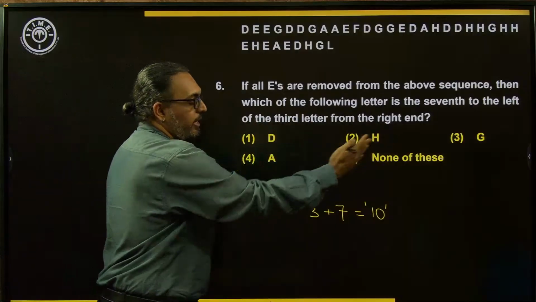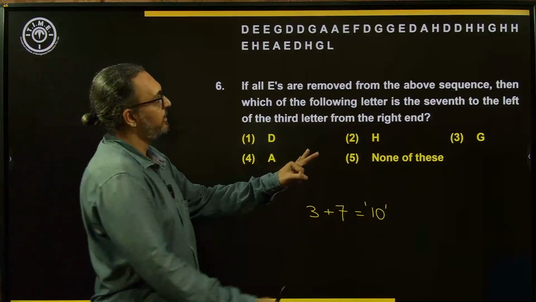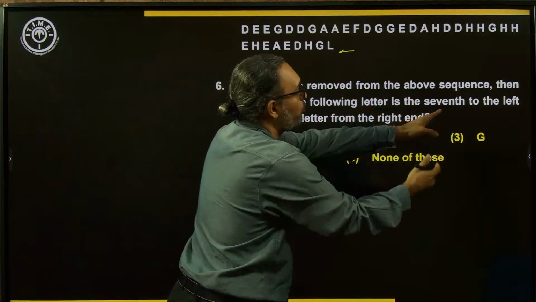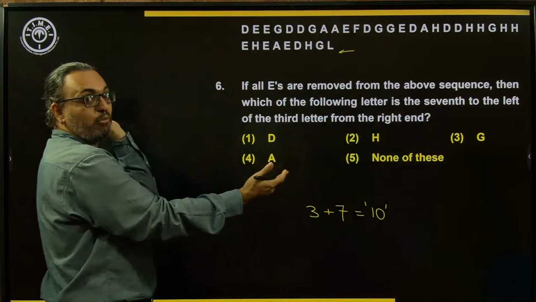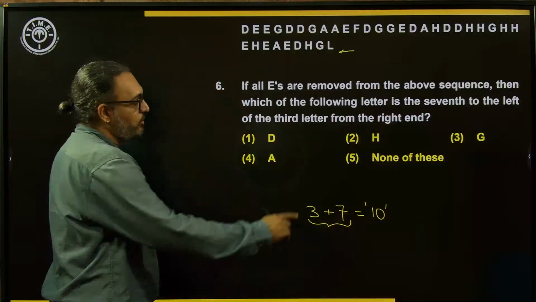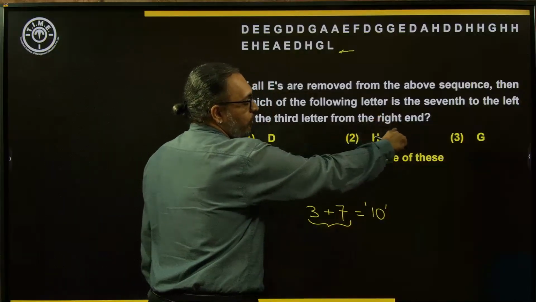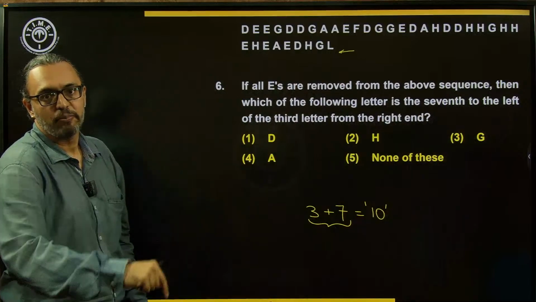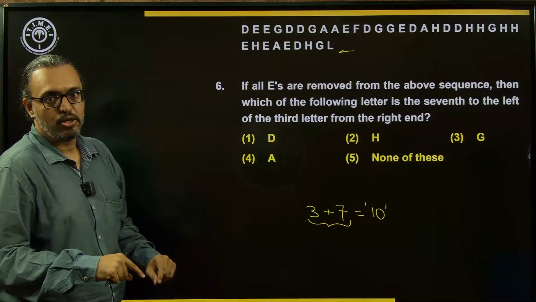Because from the right end, I need the 3rd. Then I have to go to the left, so I have to count 7 more. That is why to this 3, you add 7. From whichever end he says, if you are getting the opposite direction, you add that number. If you are getting the same direction, you subtract that number. That is how you answer this.